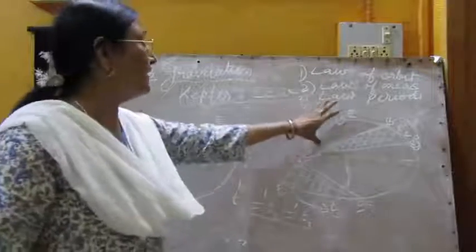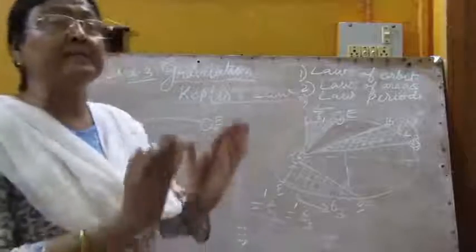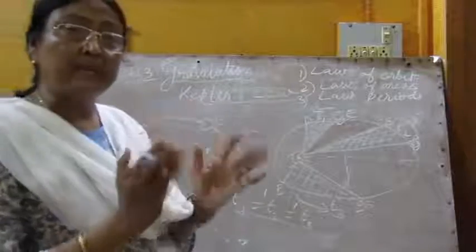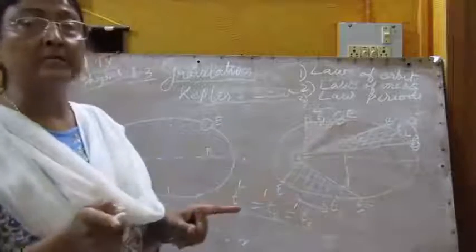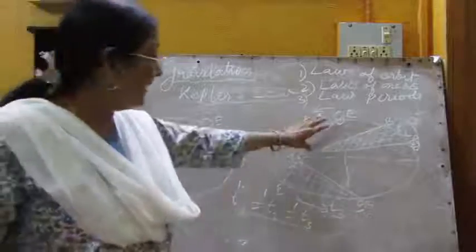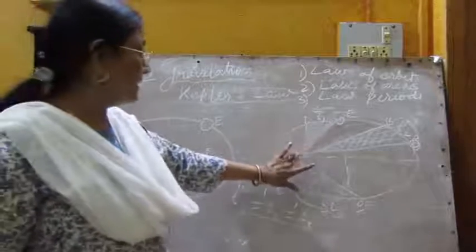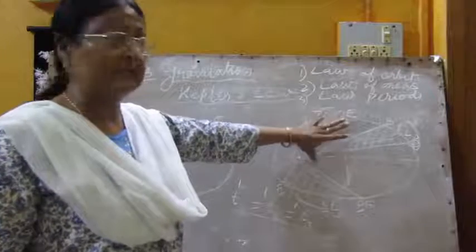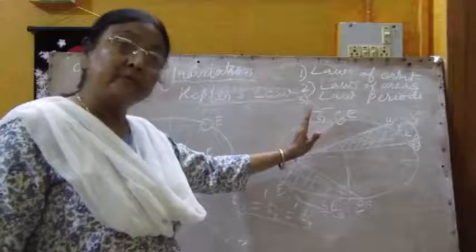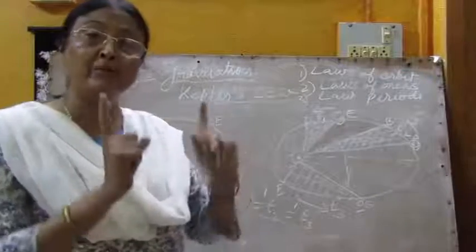So Kepler's second law says that though the speed of the planet revolving around the sun is not constant, the line joining the sun and the center of the planet sweeps equal areas in equal intervals of time.